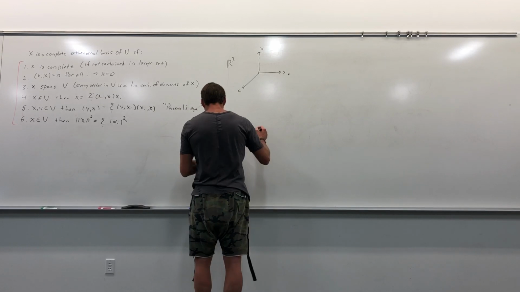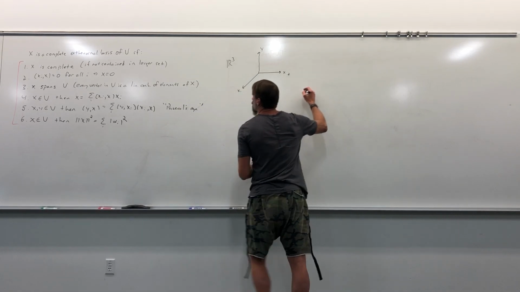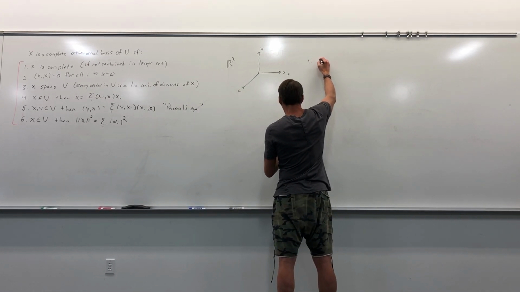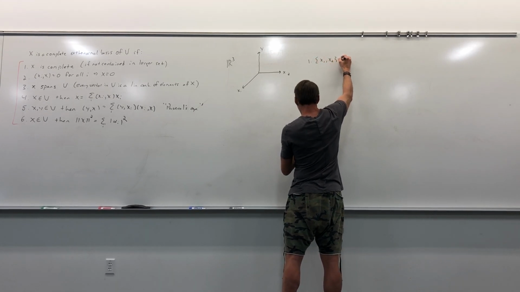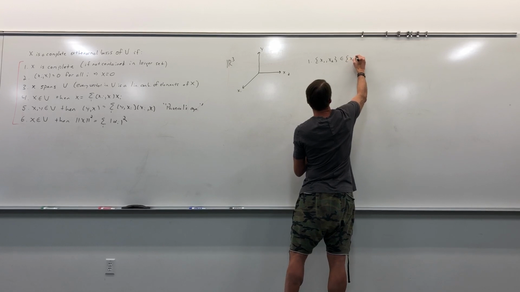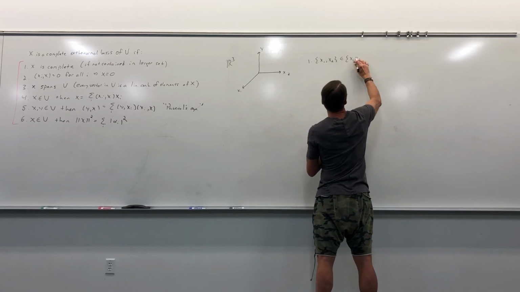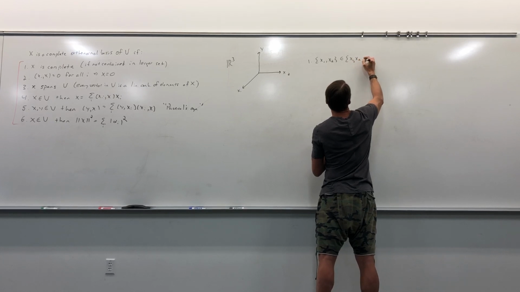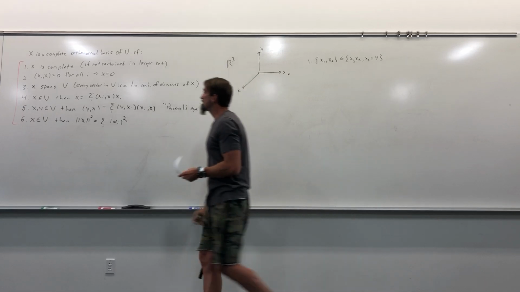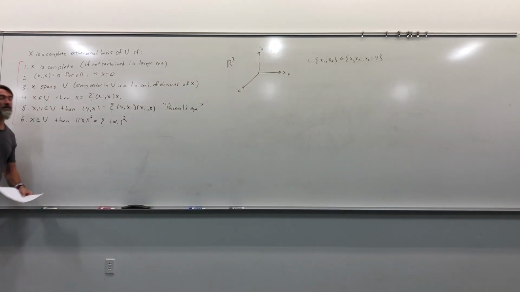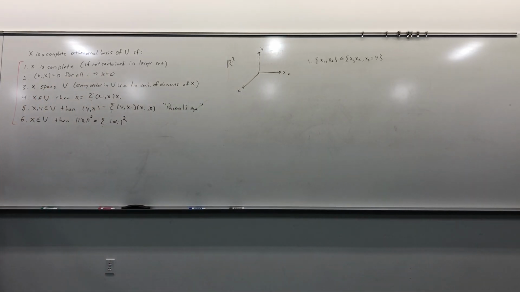All right, so let's start with 1. Well, first of all, x1 and x2 are contained in the set x1, x2, and x3 equaling y. So 1 is clearly not true. That's obvious, right?